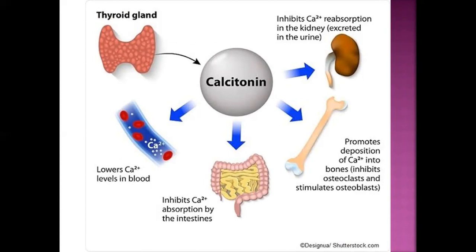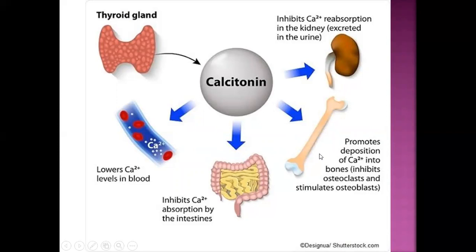As I've told you, there are two hormones of calcium. Calcitonin, secreted from the thyroid gland, inhibits calcium resorption so that less is excreted in the urine, and it promotes the deposition of calcium in the bones.